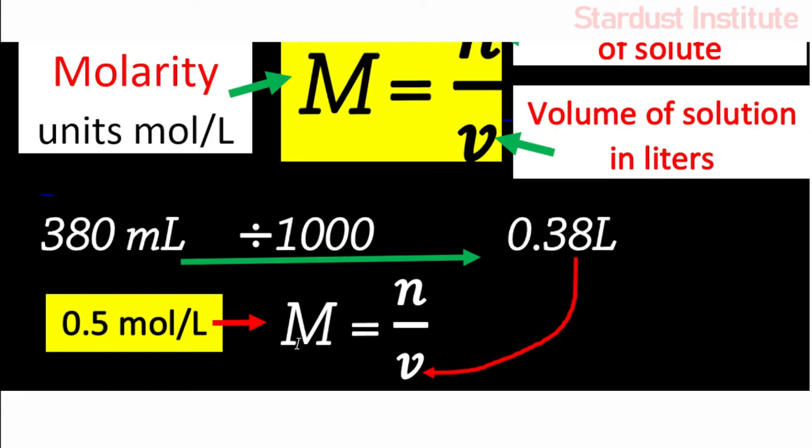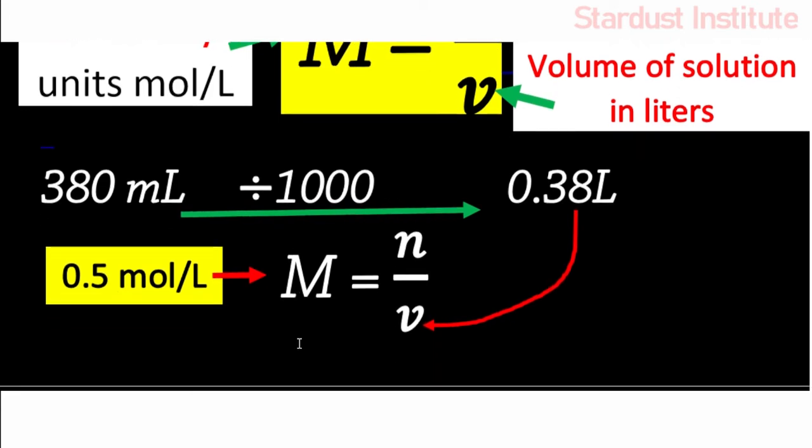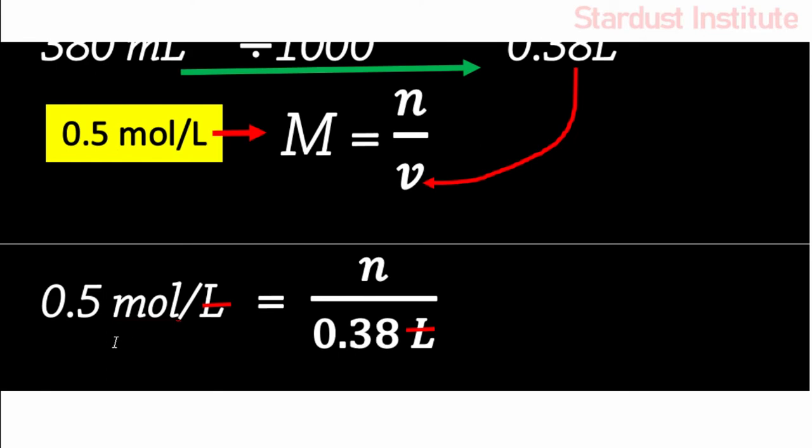Now let's substitute these values into our formula. 0.5 mole per liter equals n divided by 0.38 liters. We can cancel out the units. 0.5 mole equals n divided by 0.38.